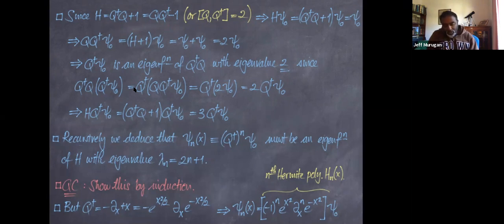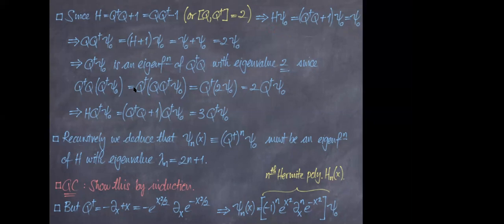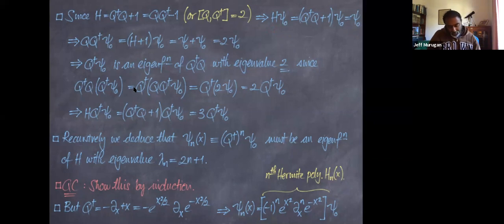What does this mean? Well, if I act with H on psi naught, and psi naught will always be our Gaussian here, e to the minus x squared over 2, H psi naught is equal to psi naught. Is everybody happy with that part? Yes. Good.